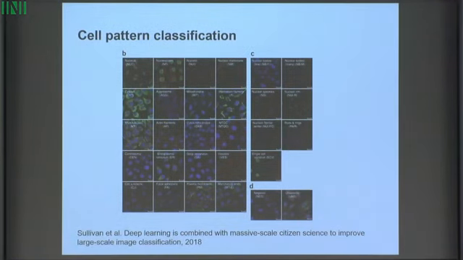Then cell pattern classification. There are different types of cells that you can see, and the players classify them into a category. Actually, in this study they did not do it through Mechanical Turk, but had an online game where you could be a wizard or a warrior, like World of Warcraft but different.